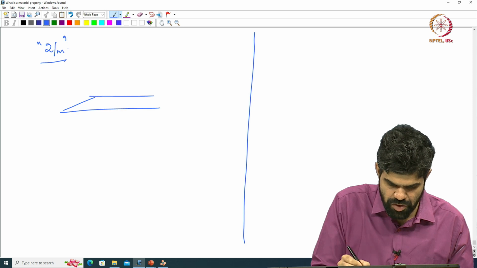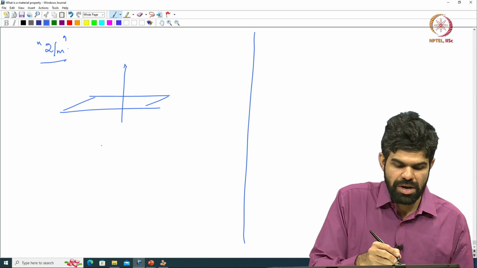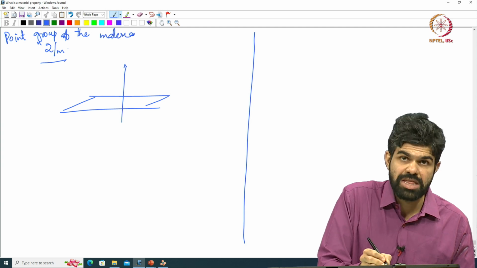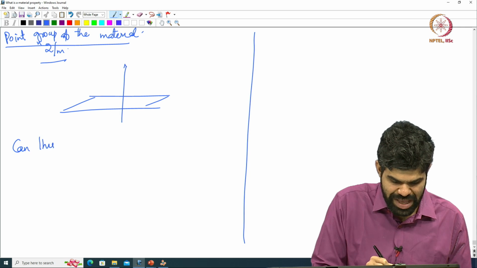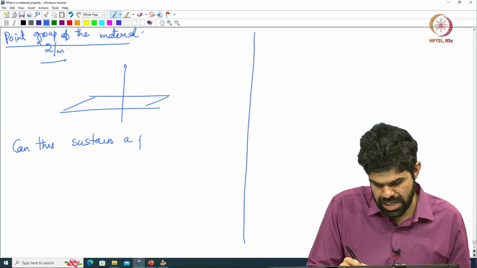Let us just take an example of something like 2/m, and I am going to say that my material has symmetry 2/m. So I have a mirror plane, I have a two-fold axis, and this is the point group of the material. The question that I am asking for this point group is, can this sustain a spontaneous polarization?